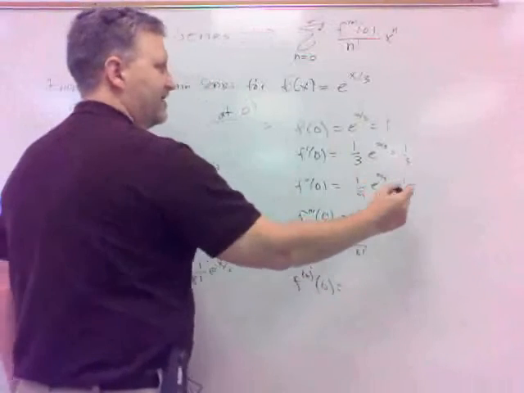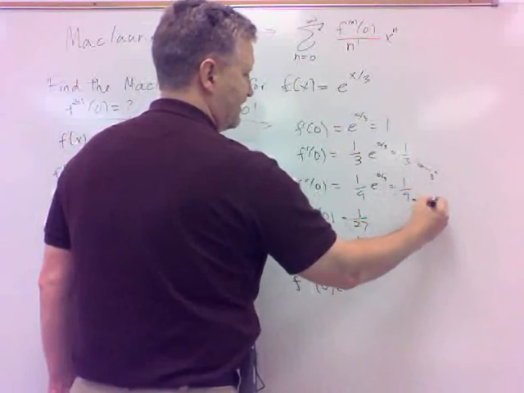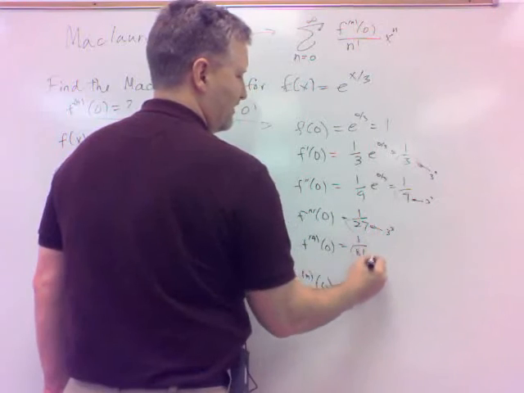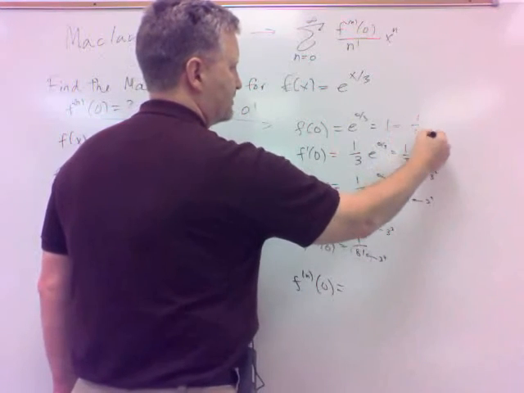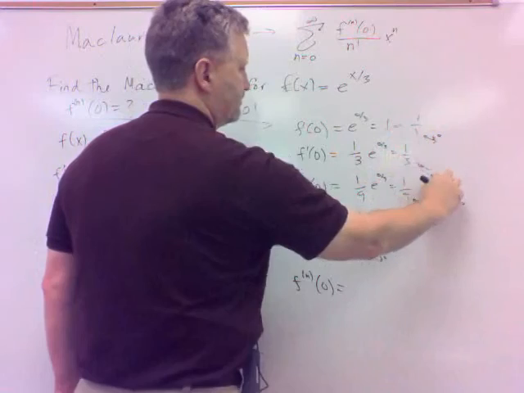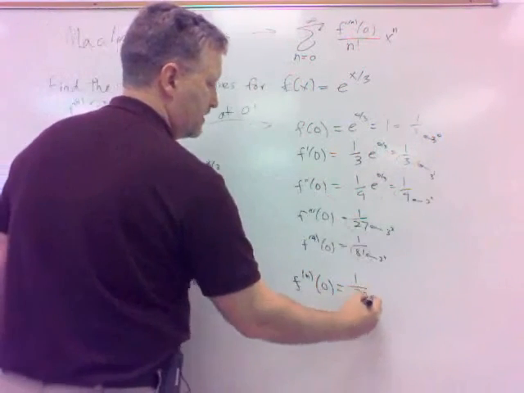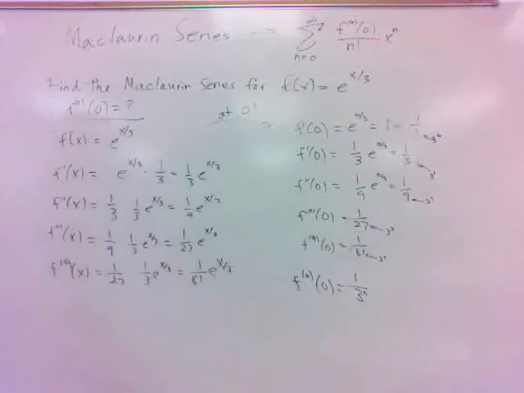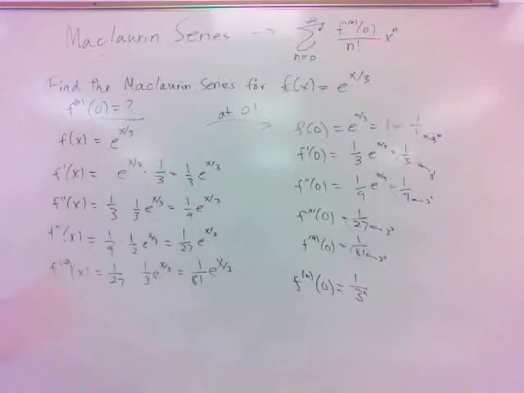Powers of 3. 3 to the first, 3 squared, 3 to the third, 3 to the fourth. Even the first one works, because that's 1 over 1, which is 3 to the 0. It's 1 over 3 to the n, and not even any alternating signs.